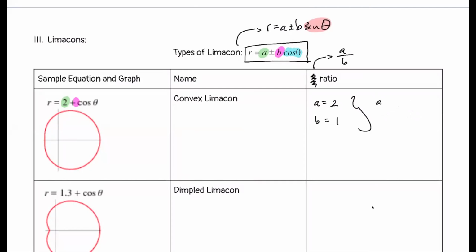So if we take A and we divide it by B, we're going to get 2 over 1. Okay.